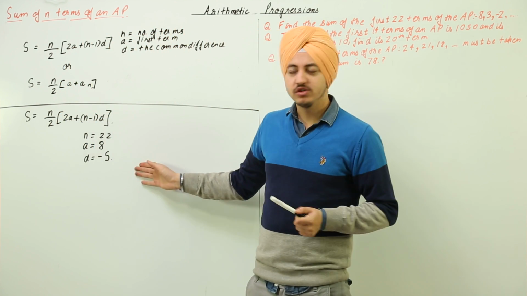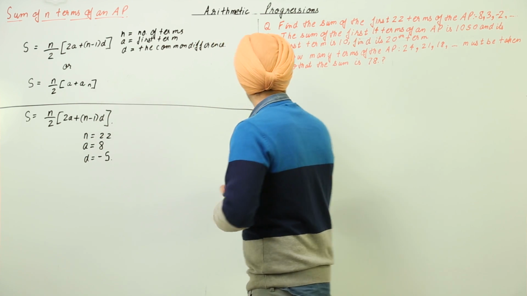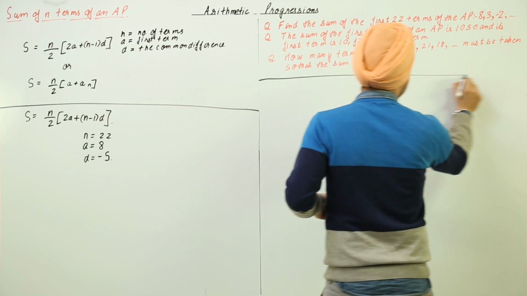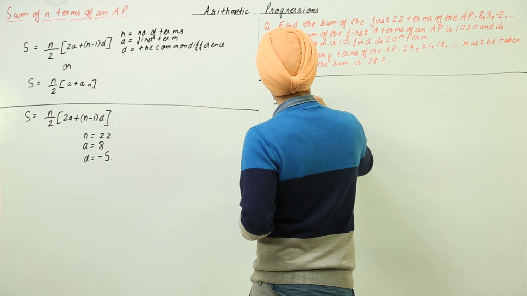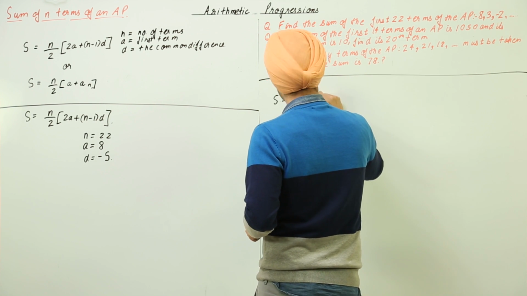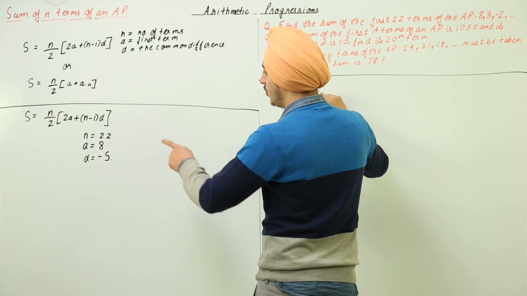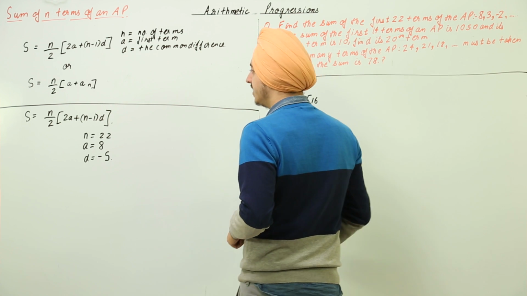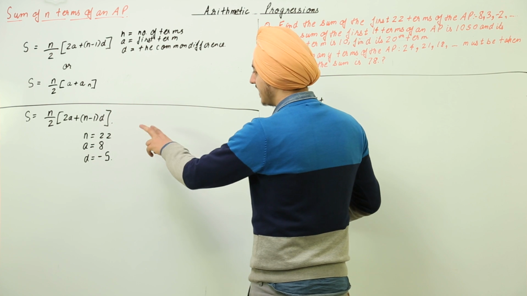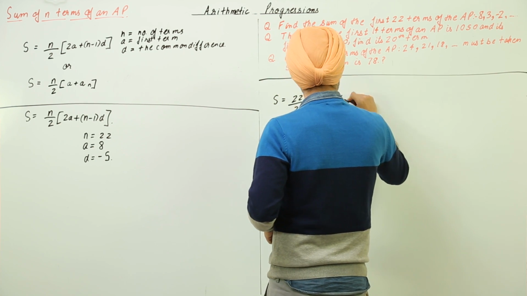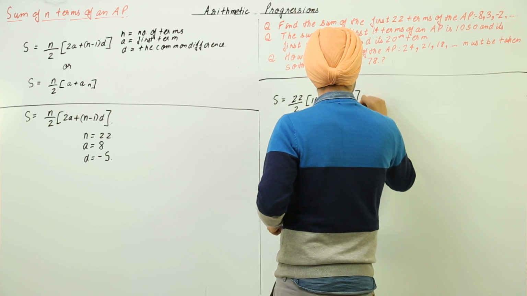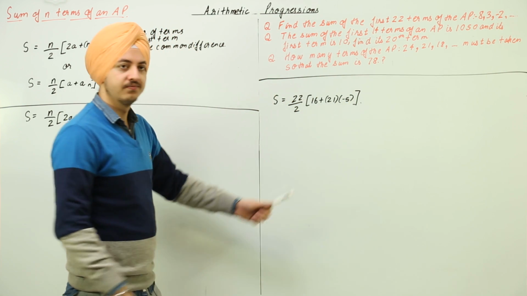Now we have all the values, we can find out the sum. So I'll continue the sum over here. Now sum is equal to n by 2, that is 22 by 2, into 2a, that is 16, plus n minus 1, that is 21, into d, that is equal to minus 5, correct?